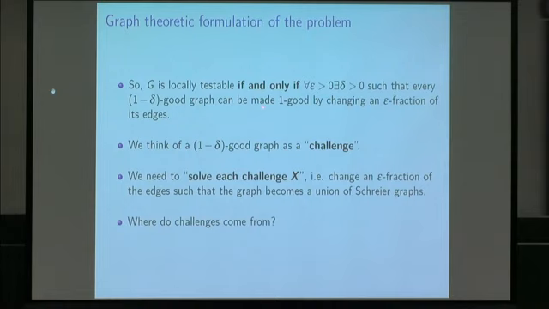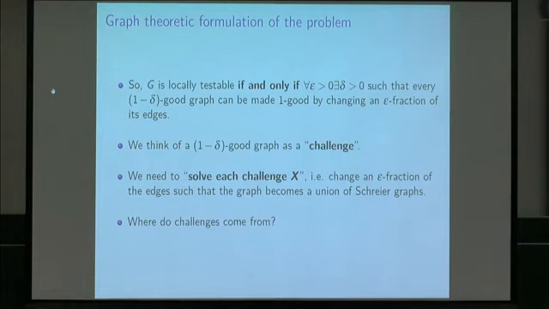So I can say what being locally testable means in the language of graphs. The group G is locally testable if and only if for every epsilon there is delta, such that every 1 minus delta good graph can be made 1 good by changing only an epsilon fraction of the edges. Yeah?